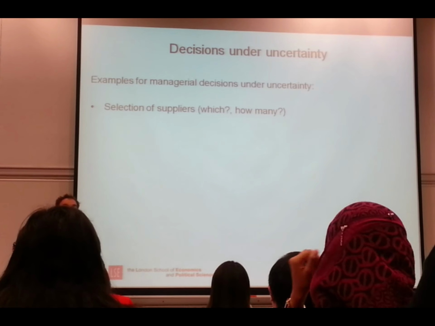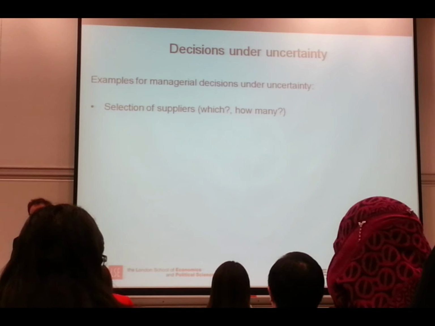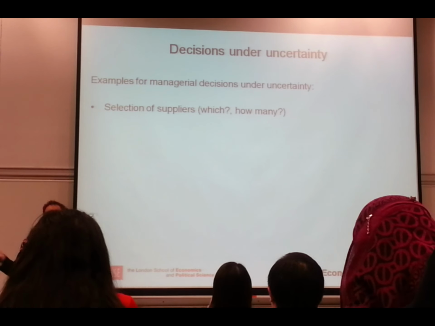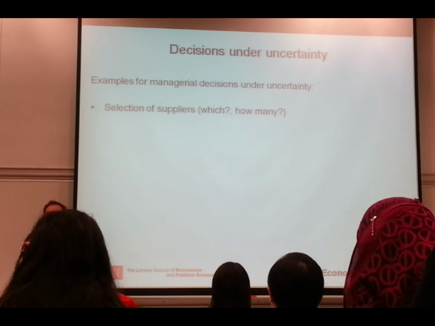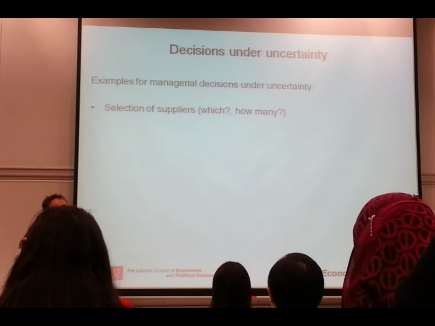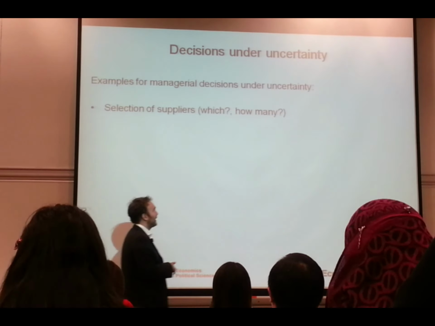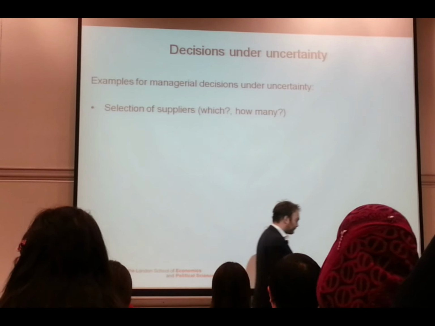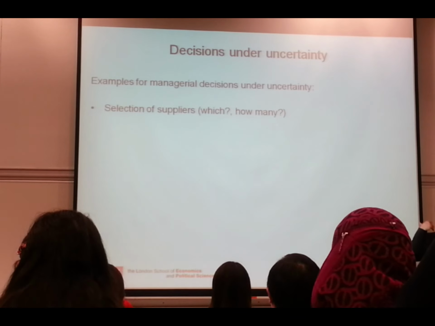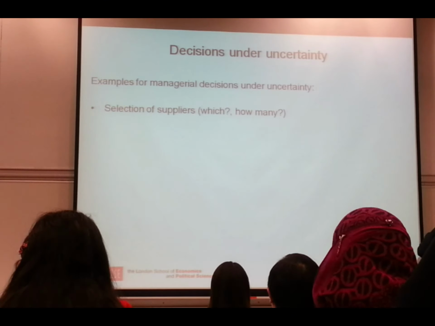Well, of course, one important issue here is that whenever we make a decision on supplier A versus supplier B, we don't know exactly how they're going to perform in this particular supply relationship. How many suppliers? There may be a benefit in choosing a single supplier because that's going to give us a better market position vis-a-vis that supplier.